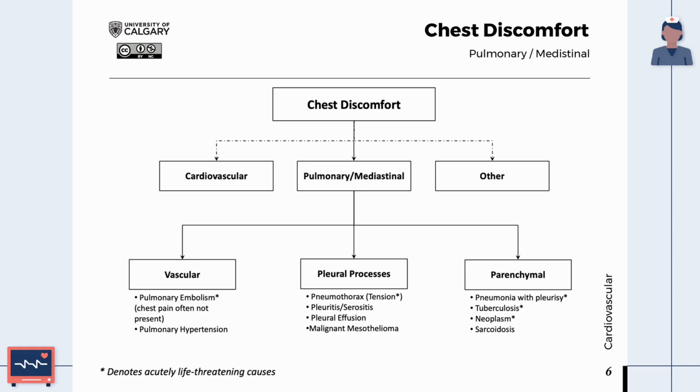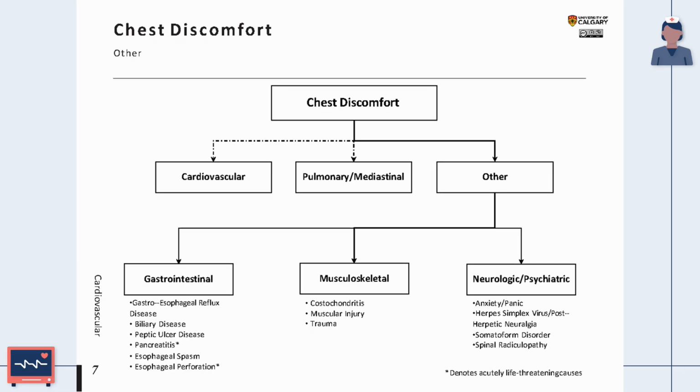Our pulmonary chest pain, so there's vascular, there can be pleural processes, and our parenchyma. We'll talk more about pulmonary chest pain in our shortness of breath lecture. Our other chest pain. We should also be thinking about GI. GERD is a really common presentation for chest pain in the emerge department. But pancreatitis, and another one of the big killers we'll talk about is esophageal rupture or perforation.